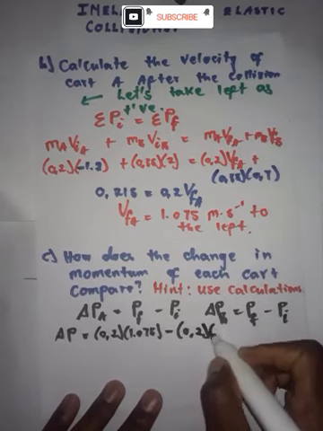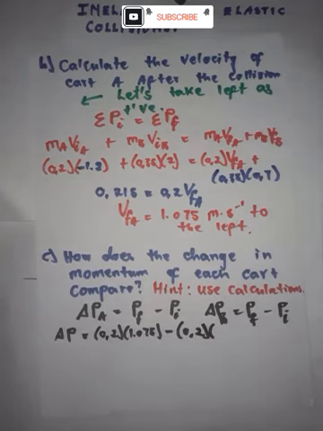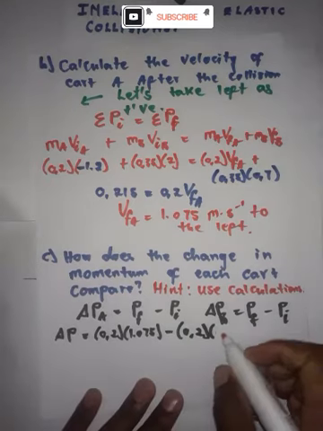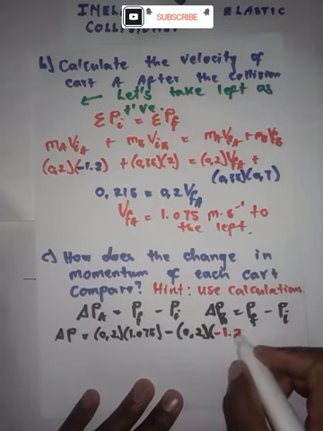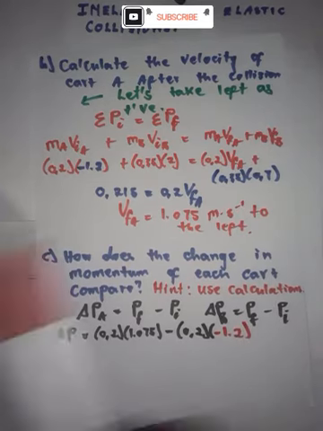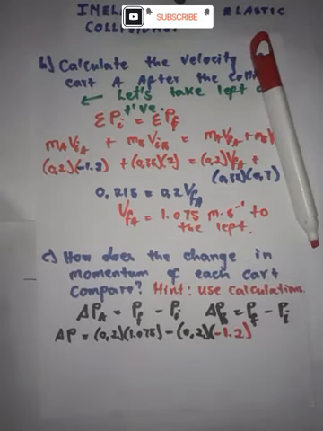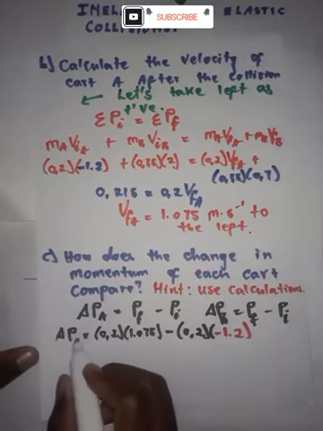Since it was going in a negative direction, inside it is going to be a negative 1.2, because this was going in a negative direction. So that's going to give you the change in momentum for A.